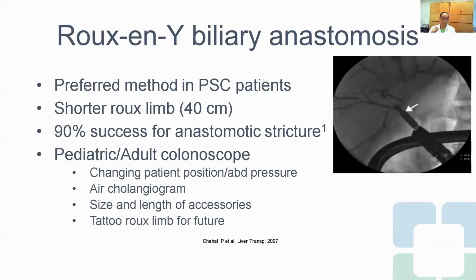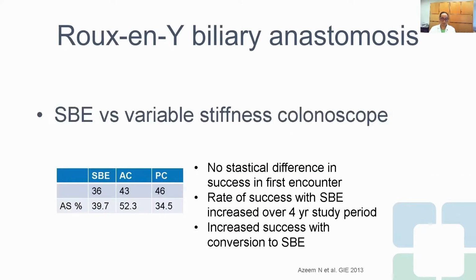Especially if you see a nice air cholangiogram, it's unlikely that the patient has an extremely high-grade biliary anastomotic stricture. Be mindful of the size and length of accessories that you are using, especially with the colonoscope. And finally, don't forget to tattoo the Roux limb, because these are patients who often require multiple endoscopies. So it'll be easy the next time around if you see the Roux limb tattooed.